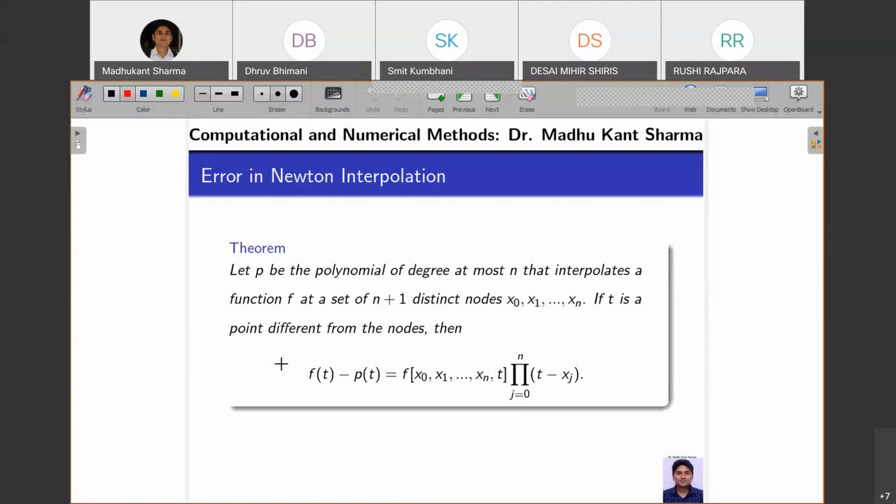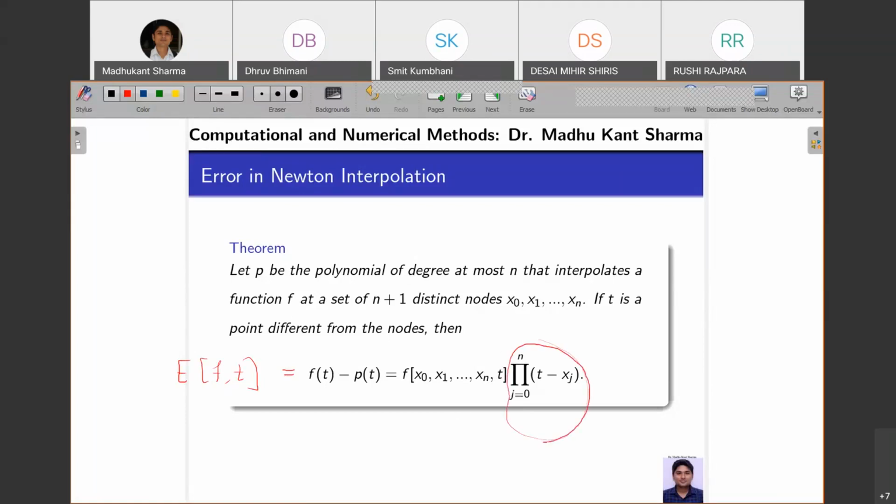This is the error of f at t. In the previous theorem on the error in interpolating polynomial, we have seen a similar factor there.